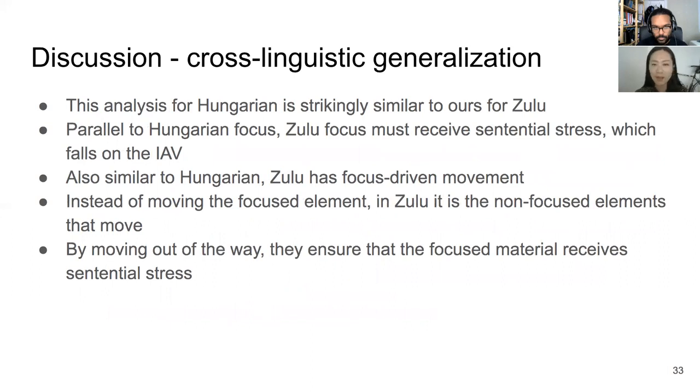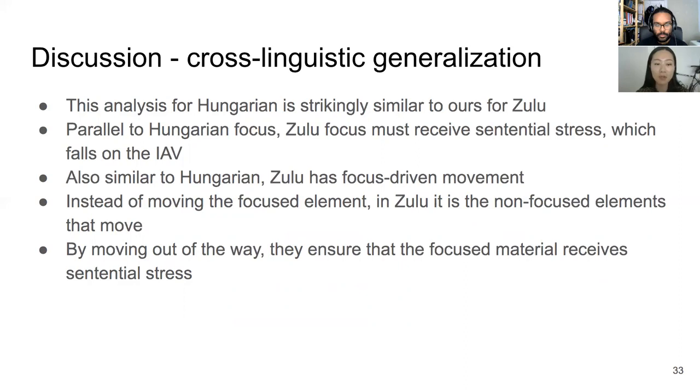Note that our analysis is strikingly similar to this analysis for Hungarian. Parallel to Hungarian focus, Zulu focus must receive sentential stress as well, which falls on the immediately after the verb position. Also similar to Hungarian, Zulu has focus-driven movement. But instead of moving the focused element, in Zulu, it is the non-focused elements that move.